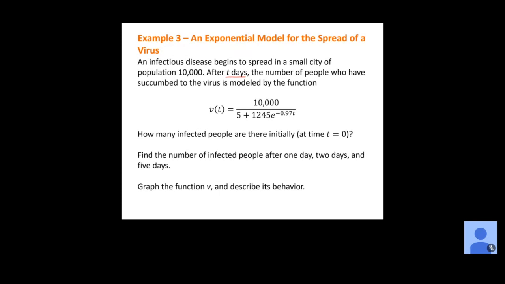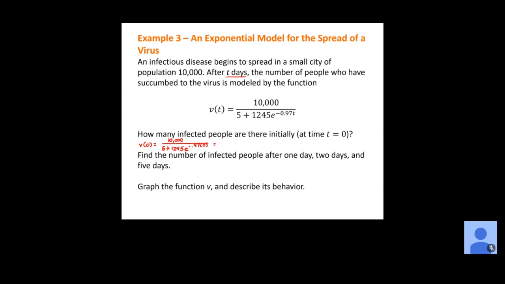We just plug in 0 for T. So I'm going to say V of 0 equals 10,000 divided by 5 plus 1,245 e to the negative 0.97 times 0. Now, up to you, right? You could put all that right in the calculator as is. Be very careful. Make sure that your denominator is all grouped together. Also, make sure that your exponent on your e is all grouped together to make sure this works out.